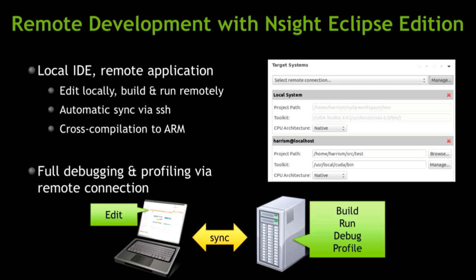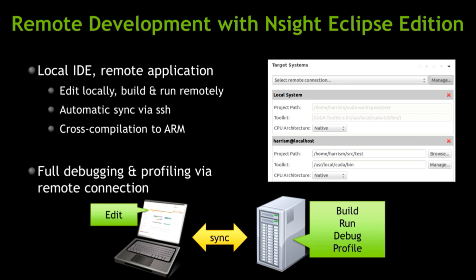And so Nsight Eclipse Edition has built in the ability to manage connections to remote machines and to specify the location of the CUDA toolkit on those machines so that you can edit locally and get all the benefits of the IDE's editor like CUDA aware syntax highlighting and things like that, and then build and run remotely with automatic synchronization via SSH.